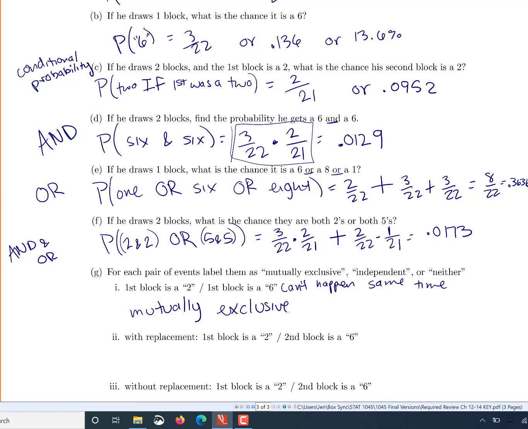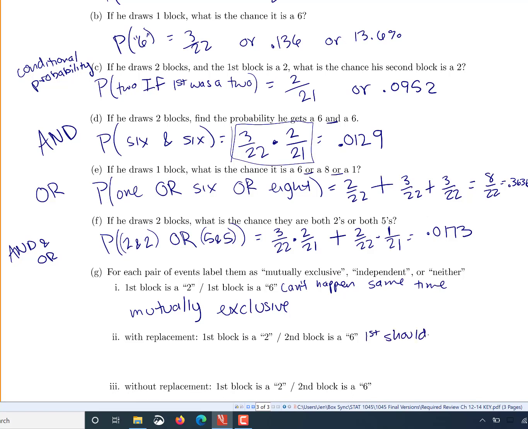Okay, next, if we draw with replacement, we're looking at the 2 events. The first block is a 2 and second block is a 6. Well, let's see, those could happen at the same time. You can get the first block 2 and second block 6, so it's not mutually exclusive. So let's check independent or not. Okay, let's see, if you use with replacement and you put them back, the first block should not affect the second block.